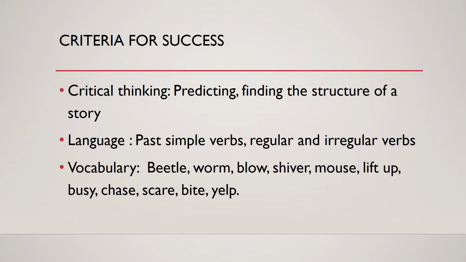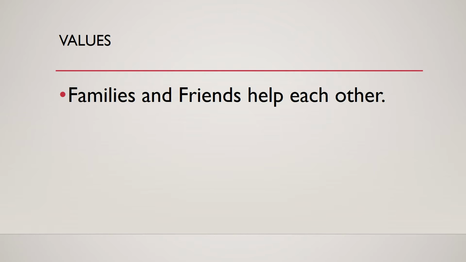For vocabulary words, we'll find words in the story such as beetle, worm, blow, shiver, mouse, lift up, busy, chase, scare, bite, and yelp. Our value for this week is families and friends help each other.